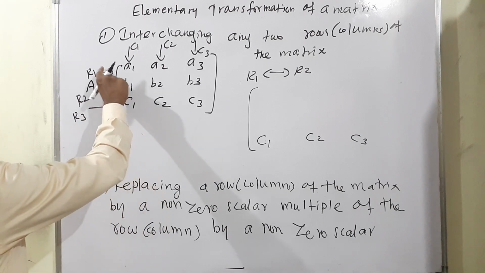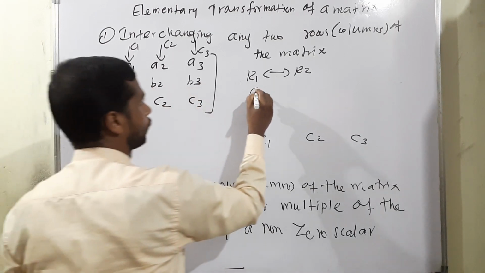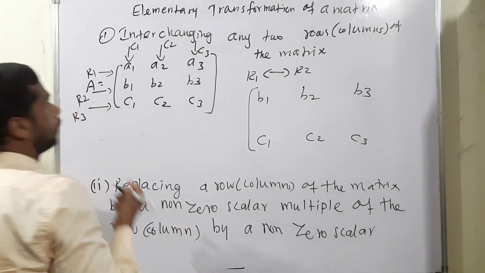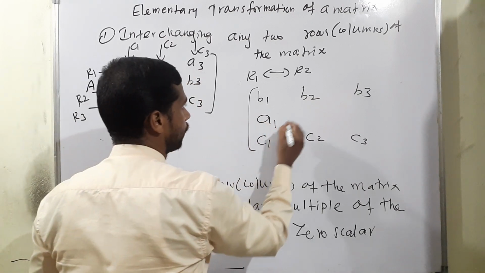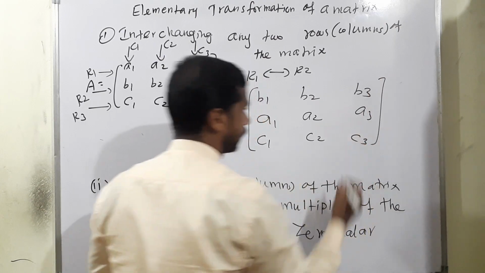But row 1 is interchanged with row 2. Row 2 means B1, B2, B3, so row 1 we write as B1, B2, B3, then row 2 we write as A1, A2, A3. So this is condition number 1.